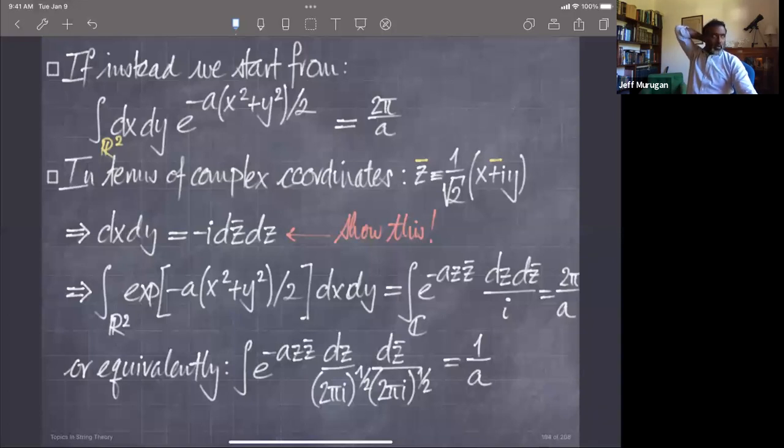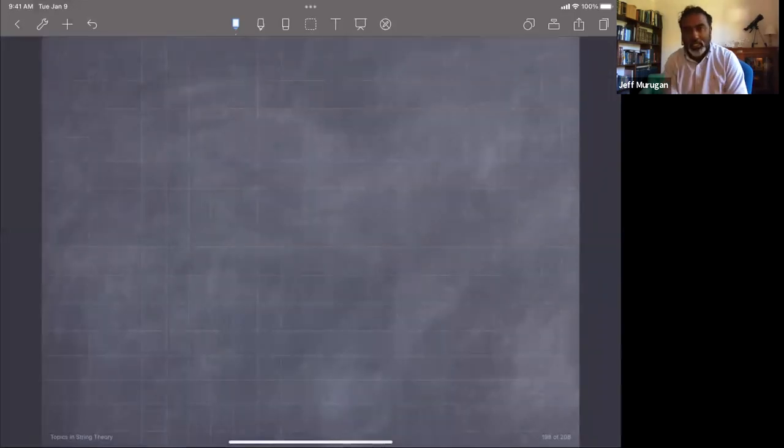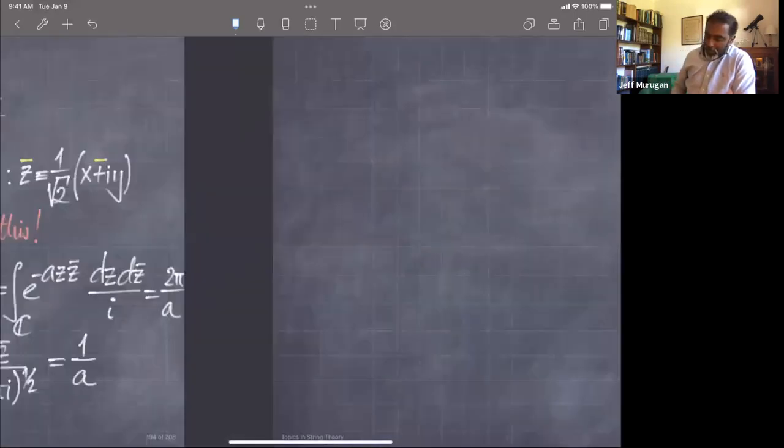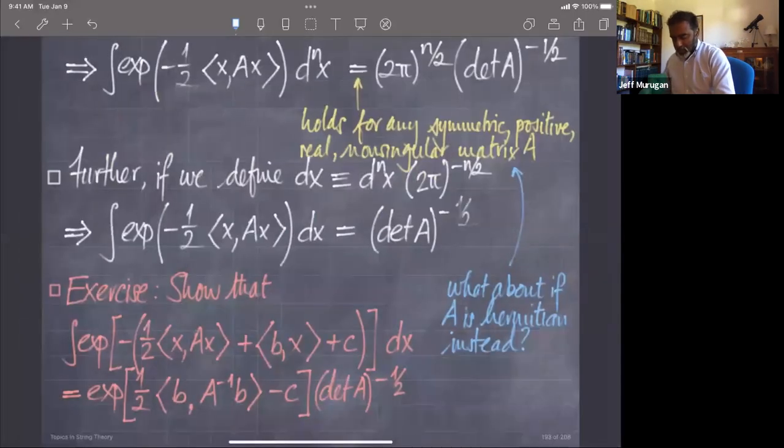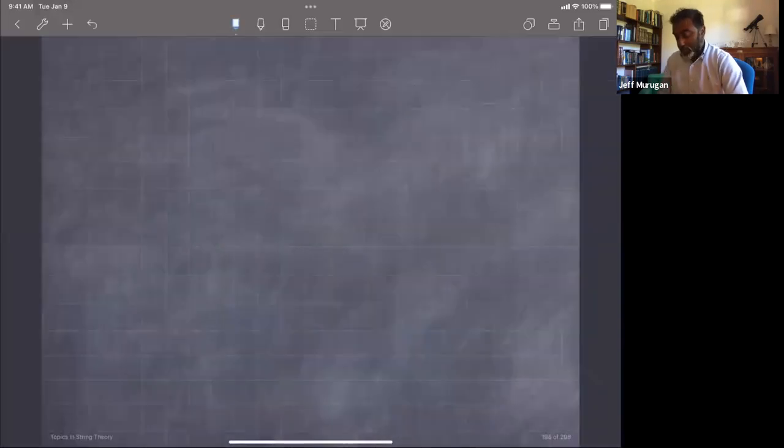So now we're in the position to say that if A is a positive definite Hermitian matrix, and we define dz as d^n z over (2 pi i) to the n over 2, then we can immediately generalize our multiple Gaussian integral to a Hermitian matrix.